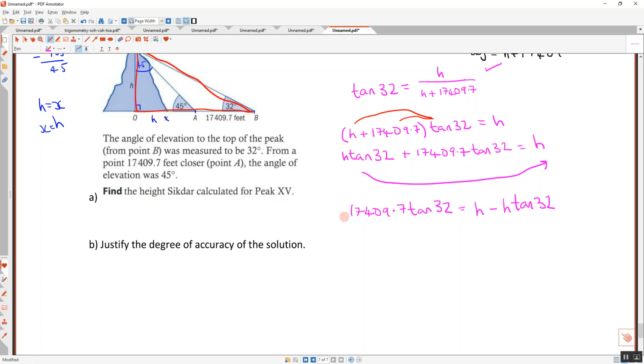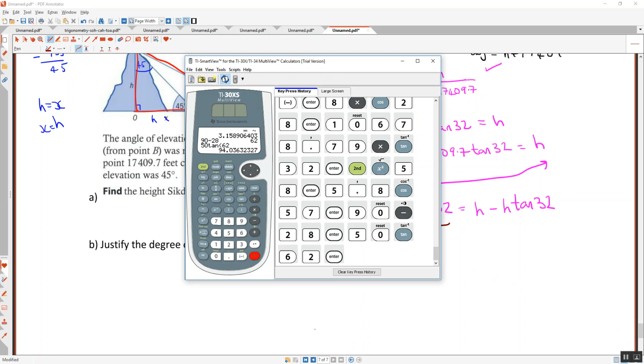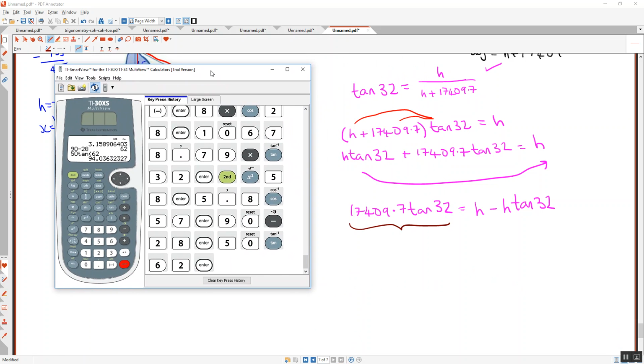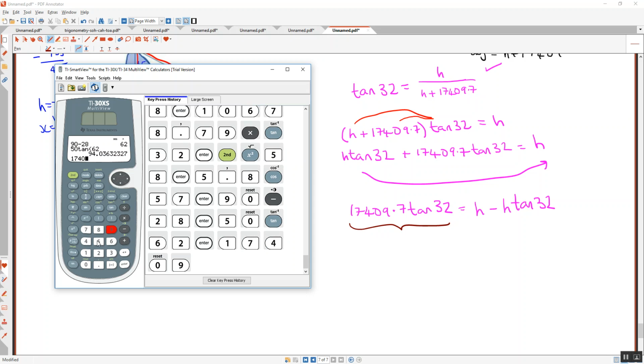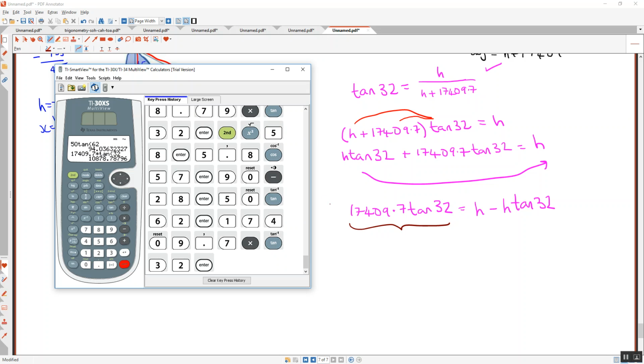Right, at this point, I can take all of this stuff and put it into the calculator. Now, I could have done this earlier, but we can do it now. 17409.7 multiplied by tan 32.